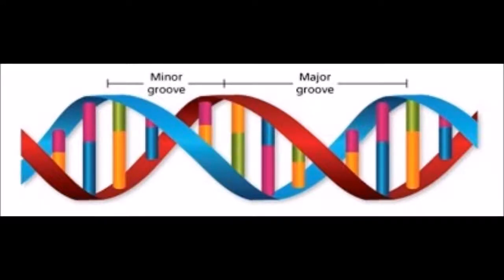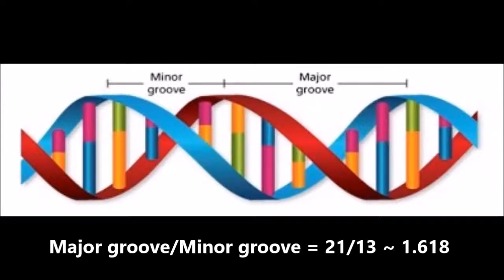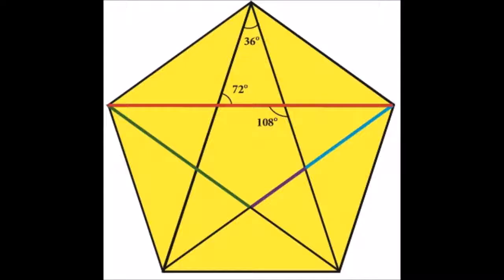DNA in a cell appears as a double-stranded helix referred to as B-DNA. This form of DNA has 2 grooves in its spirals, with a ratio of phi, the golden ratio, in the proportion of the major groove to the minor groove, or roughly 21 angstroms to 13 angstroms.